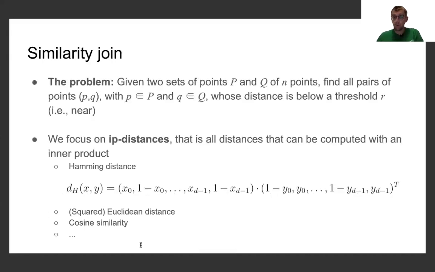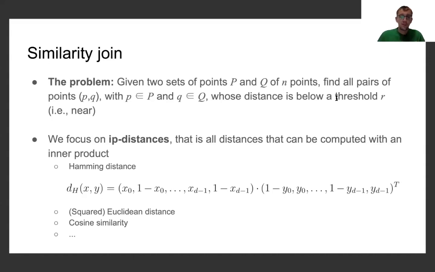Let's now move to the other problem, the Similarity Join problem. Here we are going to use different techniques. The problem is the following one. We are given two sets of points P and Q of n points, and we want to find all pairs of points, one point in P and one point in Q, whose distance is below a given threshold R. We call these pairs of points near.